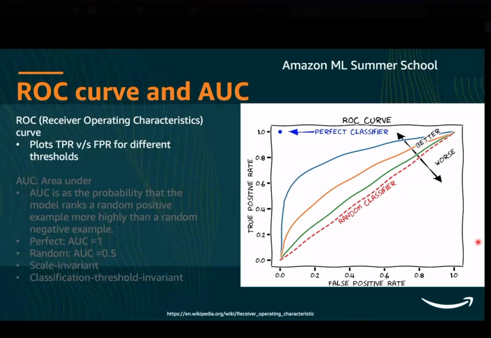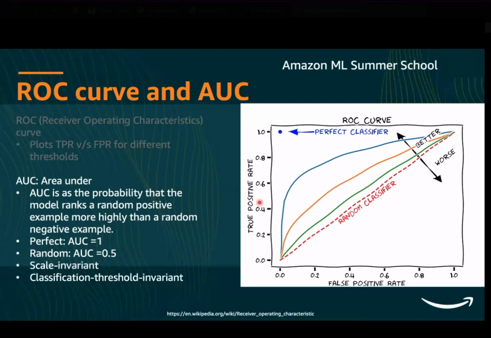Following the attack on Pearl Harbor in 1941 by the Japanese army, the US army wanted to know how good the prediction was to detect Japanese aircraft from their radar signal. For this purpose, they measured the ability of the radar receiver operator to make this distinction, and hence the name receiver operating characteristic.